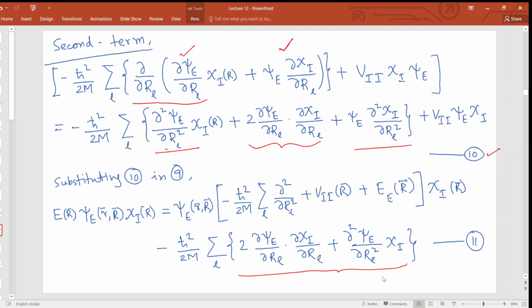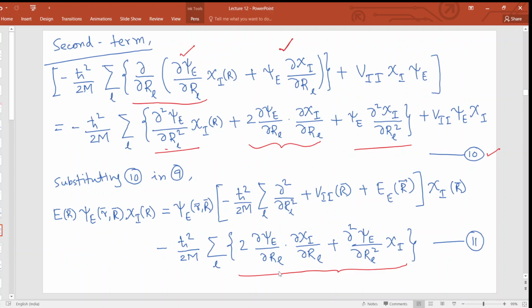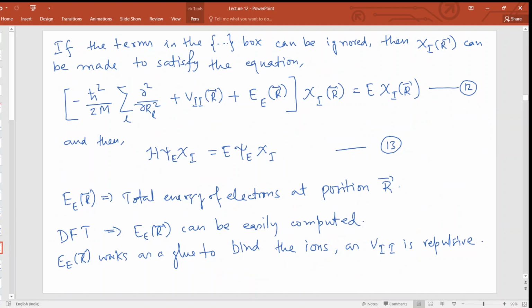Okay, so you have basically two different terms here, and with that, now what you are saying is that if the terms in this curly bracket, that means this particular box term, if we ignore this, then this chi IR can be made to satisfy this particular equation.